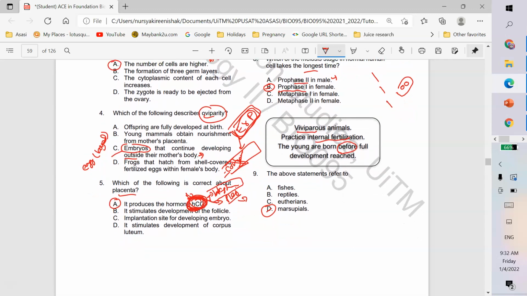Okay, so kalau contoh Eutherian apa? What is Eutherians? Kenapa jawapan Eutherian tak boleh untuk statement yang dalam kotak ni? Amin.